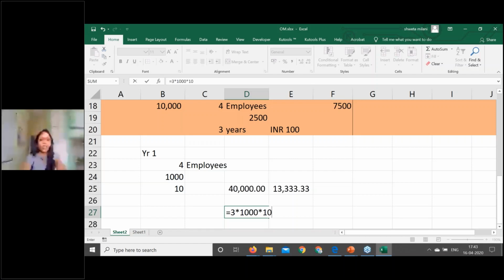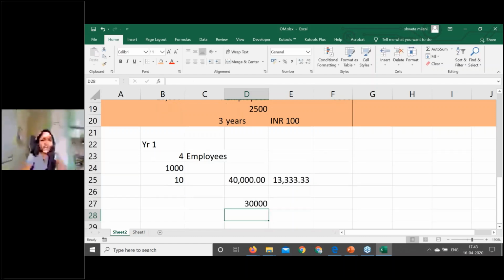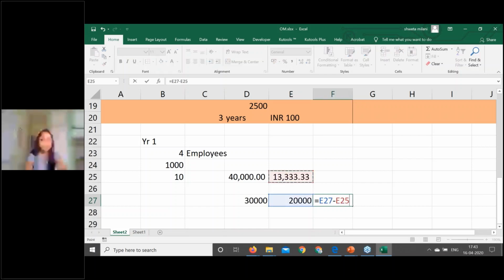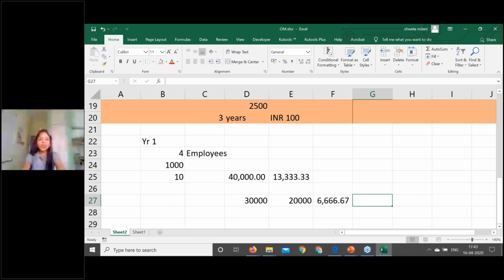So your expenditure should have been 30,000. Up to year 2, how much should have been the expenditure debited to profit and loss? That should have been 20,000. Already I have debited 13,333, and that is why the expenditure to be debited to the statement of profit and loss in year 2 will only be 6,666.